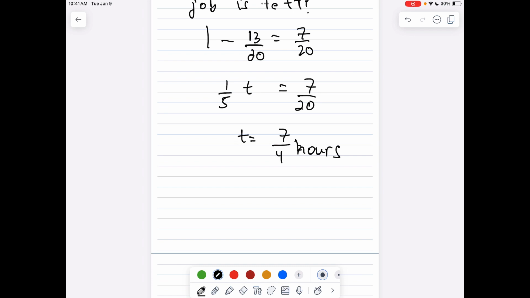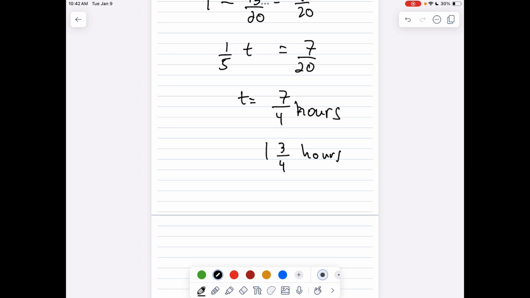However, we don't usually leave answers as improper fractions with these word problems, because it's kind of weird to say, oh, I finished the job in 7/4 hours. Another way to say this is 1 3/4 hours, written as a mixed number.